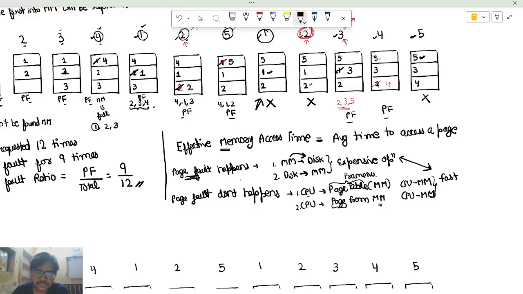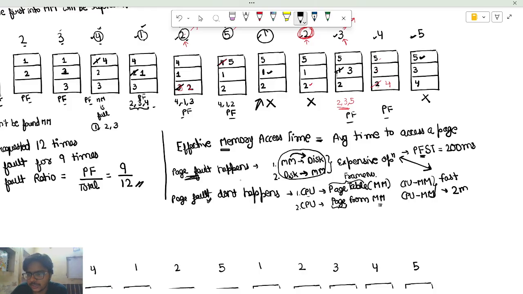So for example, consider whenever a page fault happens, the total time to do this is called the page fault service time. Let's say the total time is 200 milliseconds. And whenever a page fault didn't happen, in that case how much time does it take?